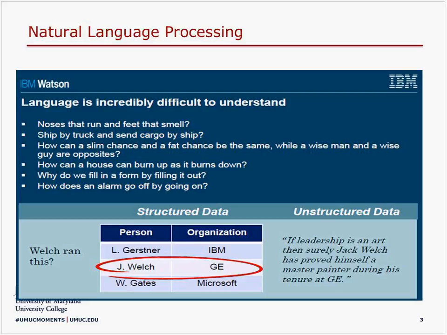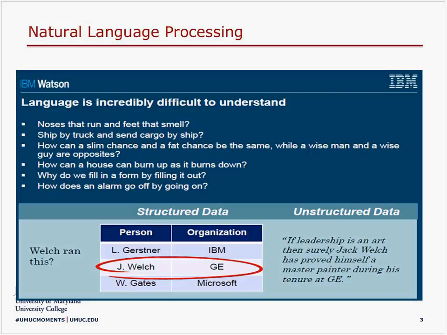So this graphic here very clearly represents the challenges of natural language processing. We can have the information in a very structured way, here to the left, which is the structured column and row, in which in each column you have the same type of data, and in the row you have different entities.